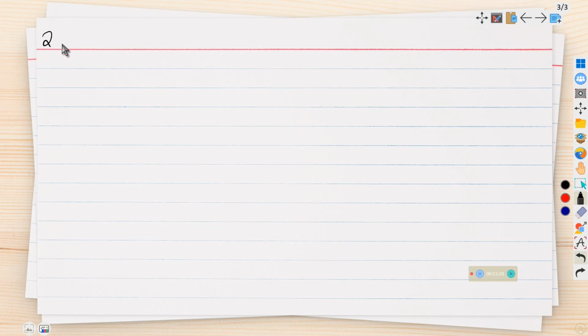Number 2, we are on now division. So we are looking at the first A, division of two numbers of the same sign.